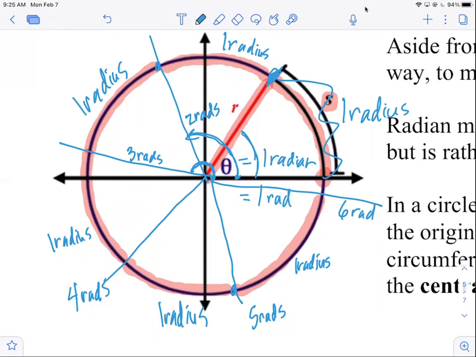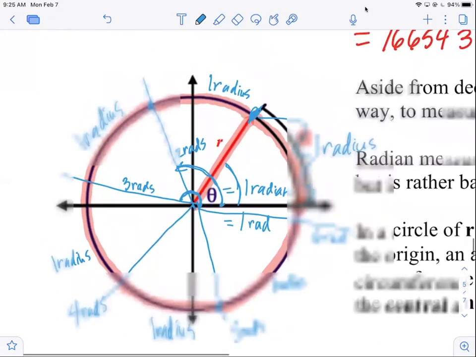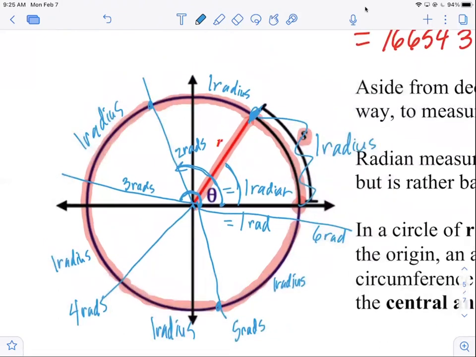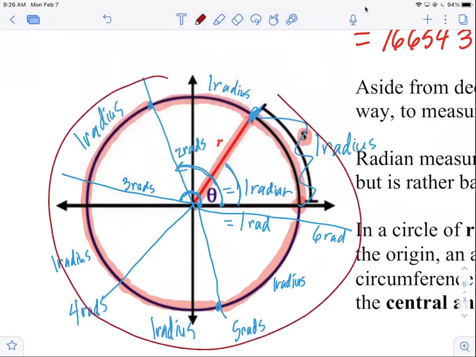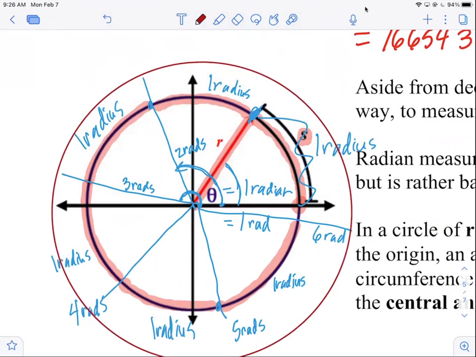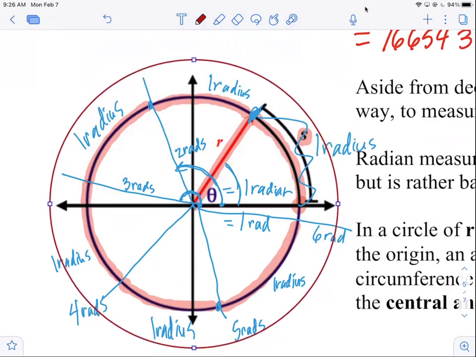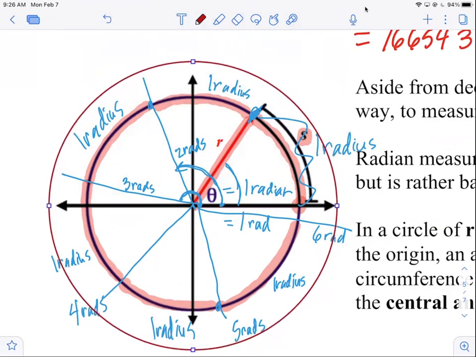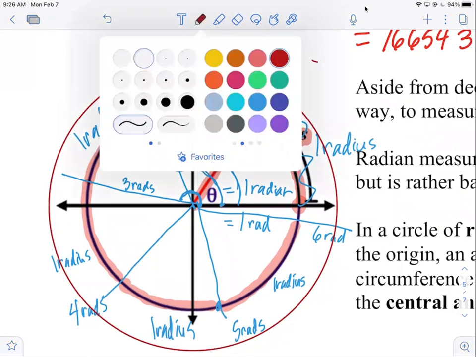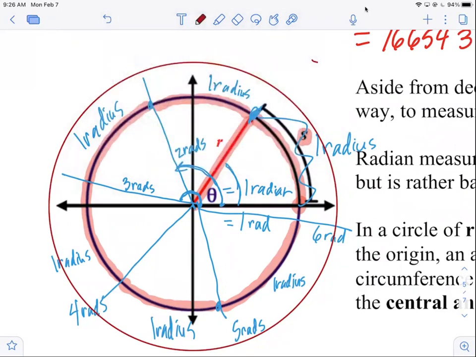All right, so this is irrespective of size, by the way. If you had a bigger circle or a smaller circle, it would be proportional. So in other words, let's say that I had a circle that was a little bit bigger. If I had a circle that was slightly larger, then of course now the radius is larger.